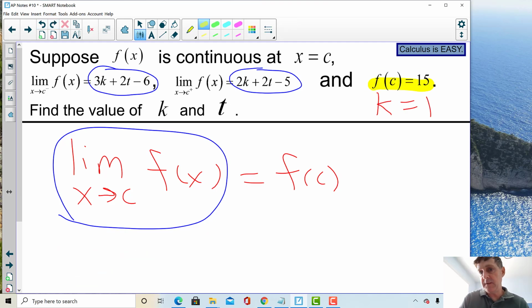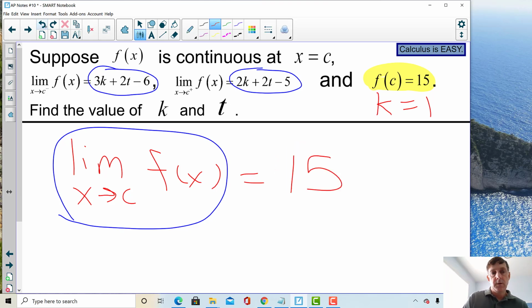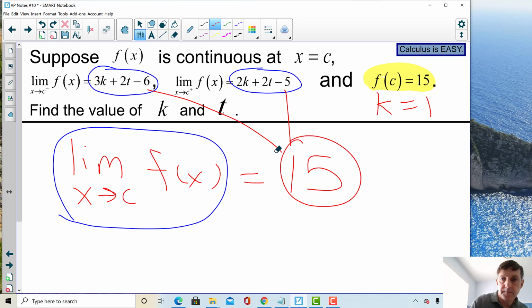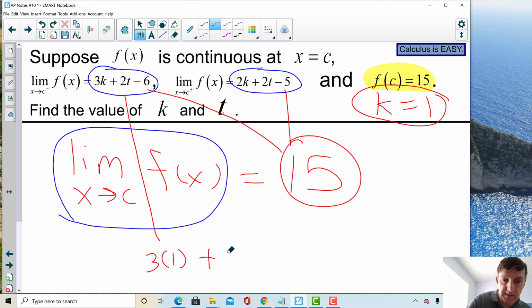It's given that f of c is 15, so we can put a 15 right here. And so we can set either of these limits equal to 15, doesn't matter which one. I'm going to remember that k is 1, so for the first one, I would have 3 times 1 plus 2 times t minus 6 equals 15.